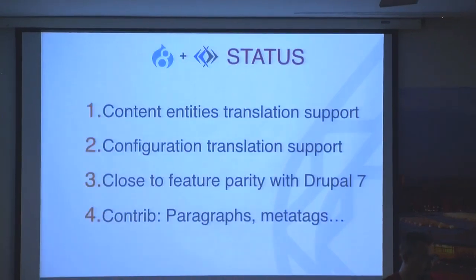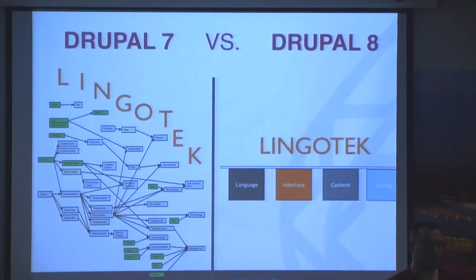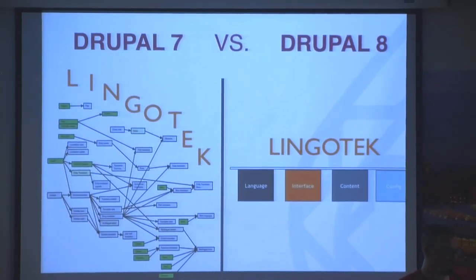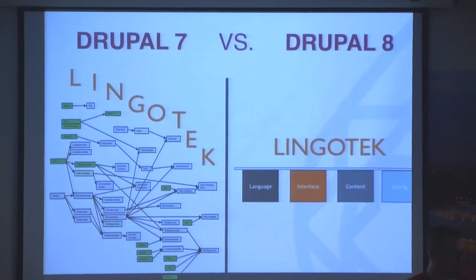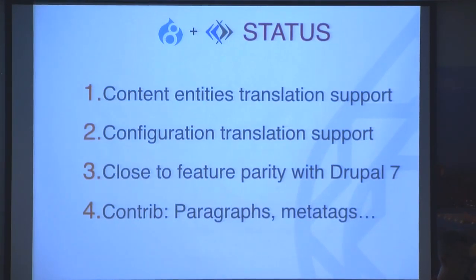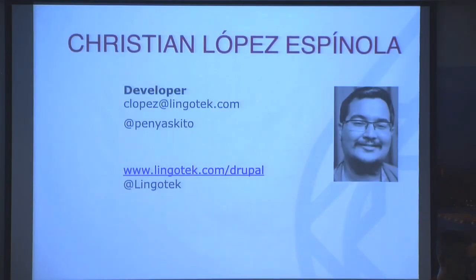I wanted to show a small demo of how that works, but you have to believe me because we are running out of time and we have to go for the photo. If you have any questions or you want me to show that demo, please find me around the camp.